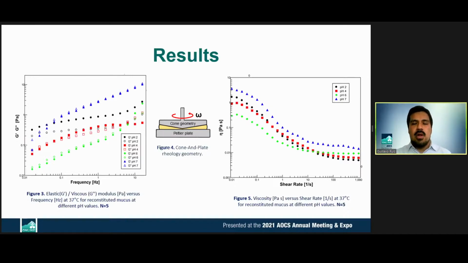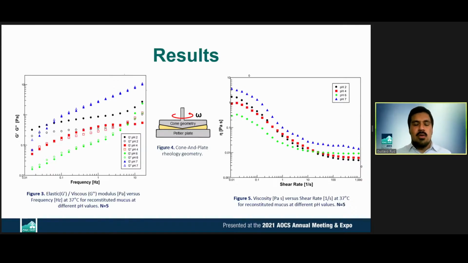But at neutral pH, probably 6 and 7, with the blue and green figures, we can see that the moduli are quite similar. There are even slight crossovers, which means that the sample performs more like a viscous polymeric solution. So it has more lubricant properties than protective properties.